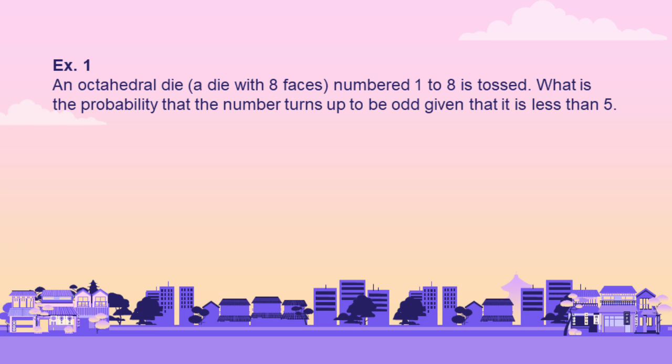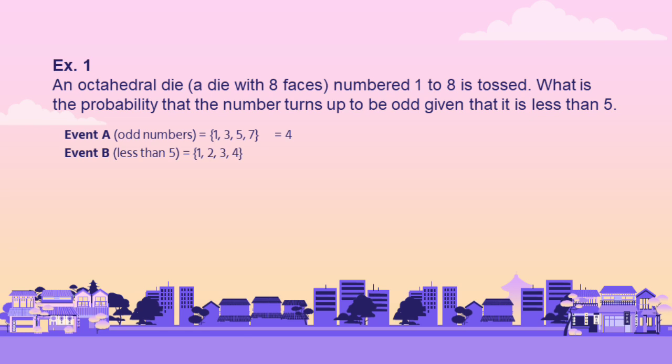Let's identify first the given. Event outcome of A, which is getting an odd number, is equal to the numbers 1, 3, 5, and 7, and the number of event outcomes of A is equal to 4. And then for event outcomes of B, the numbers which are less than 5, these are the numbers 4, 3, 2 and 1.